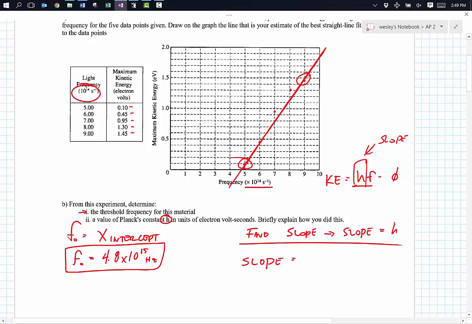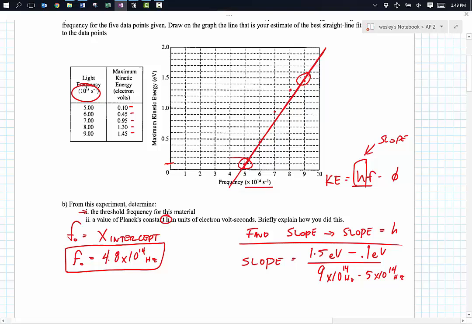So we have, according to my graph, y2 is 1.5 electron volts minus y1, which is 0.1 electron volts, divided by 9 times 10 to the 14th hertz minus 5 times 10 to the 14th hertz.